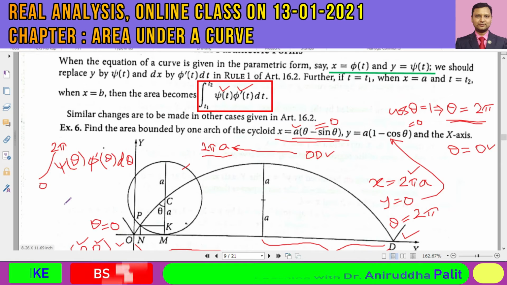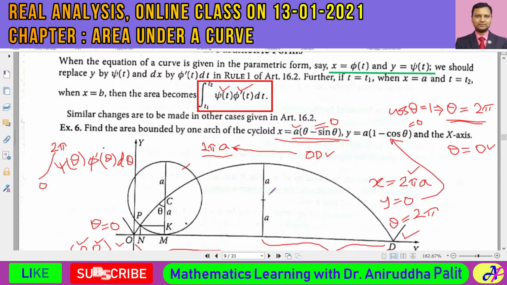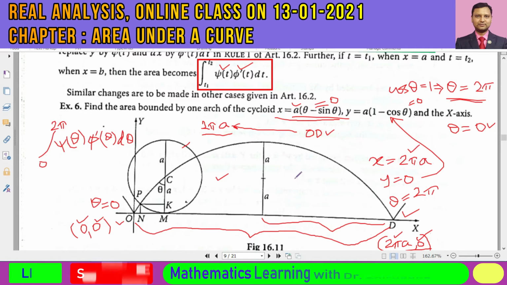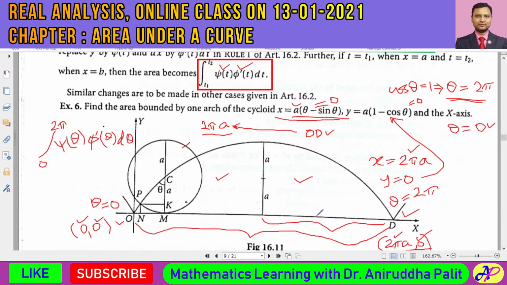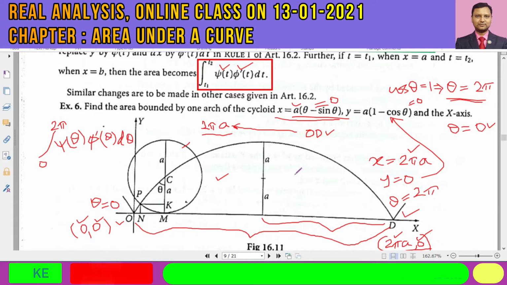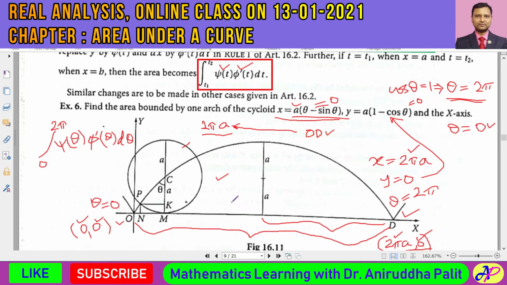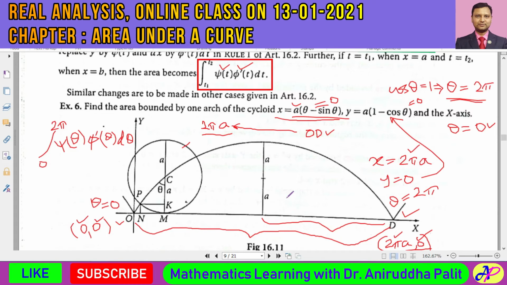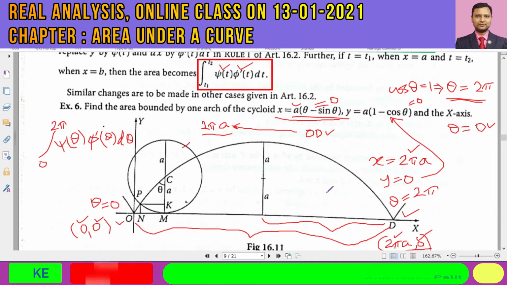And one another technique to integrate is that you see this picture is symmetric about this middlemost point. If we find out the area of this zone, just from O to this middlemost point, then it would be easy to compute the area of the total zone.